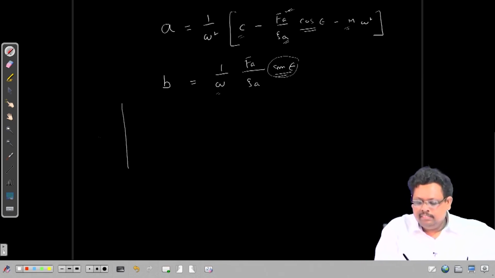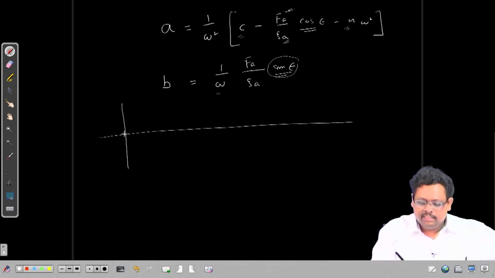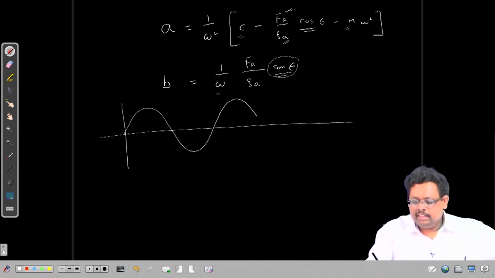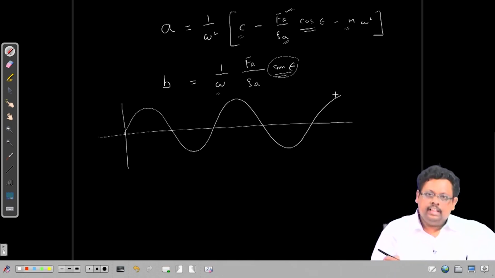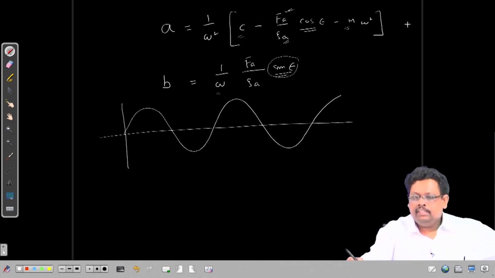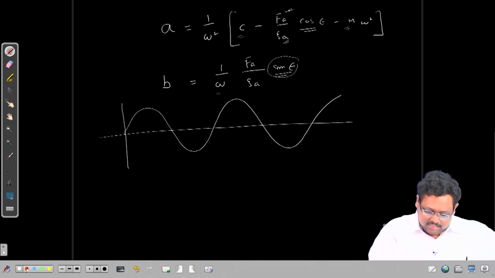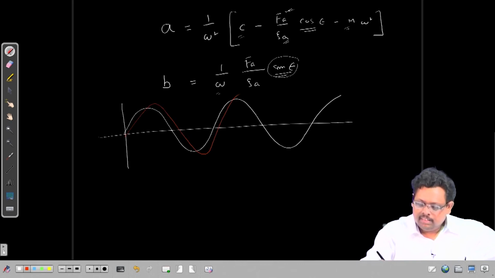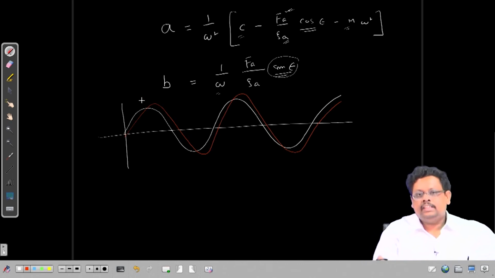From the machine you have the record of the forcing function, and also the response, the force that you are getting from the device. If you do a simple FFT, you will get the phase.